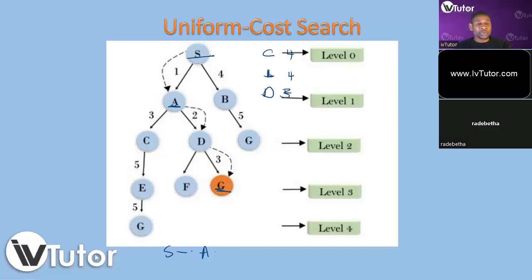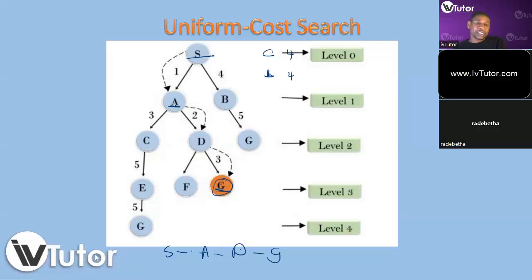So now what is it going to do? It sees B4, C4, and D3. It is going to expand D next, right? And upon generation, it realizes G, right? So when it generates G, it goal tests, finds out this is the goal and it stops.